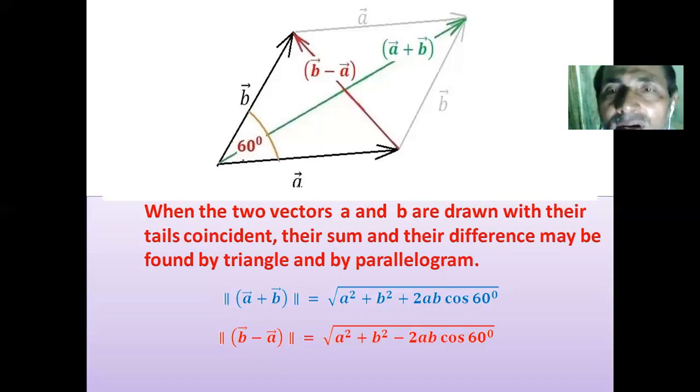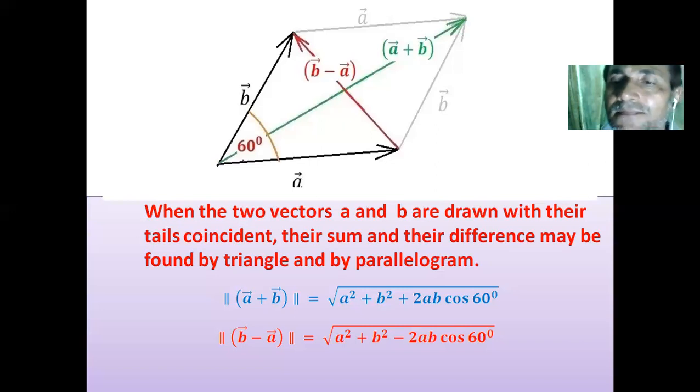In this parallelogram, if two sides indicate the two vectors A and B such that their tails are coincident, then one diagonal which is coming between those two vectors will indicate the sum of the vectors, and another diagonal which is coming in the other direction indicates the difference of the two vectors.